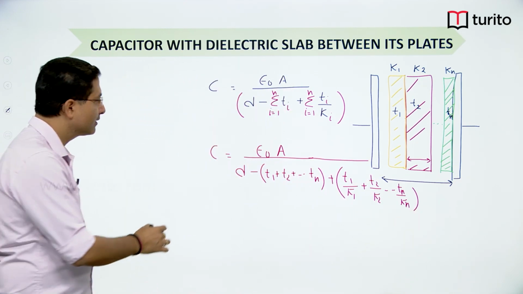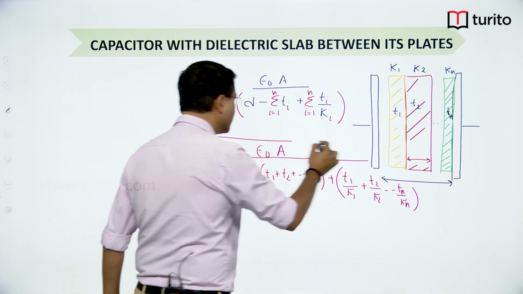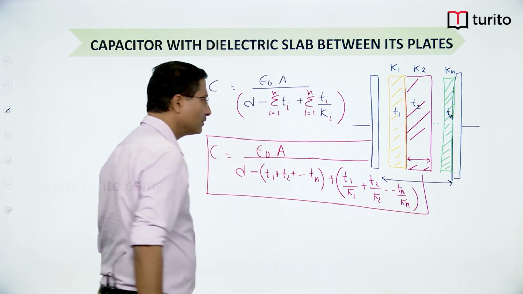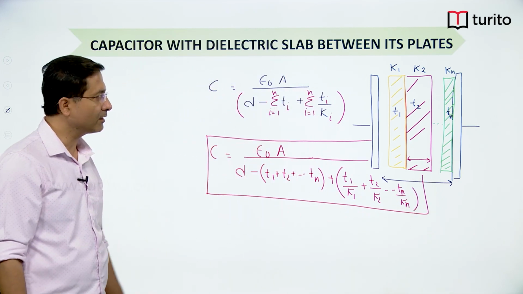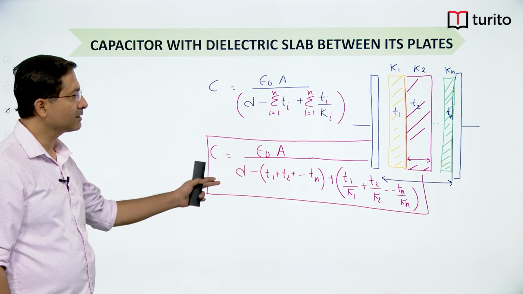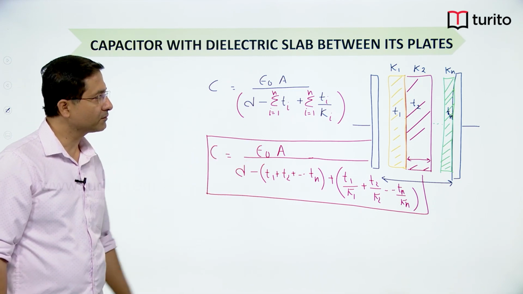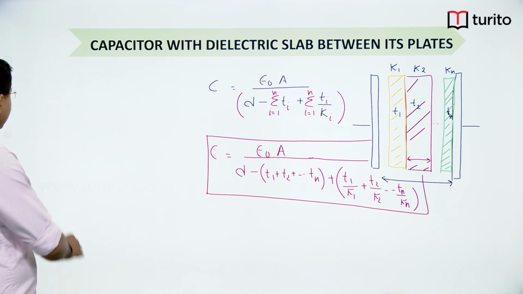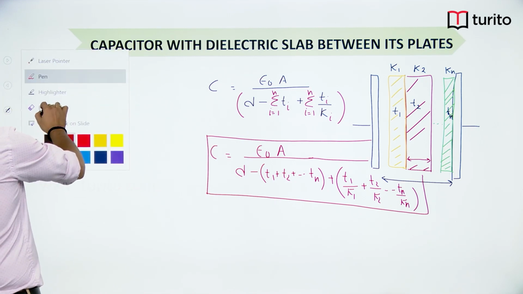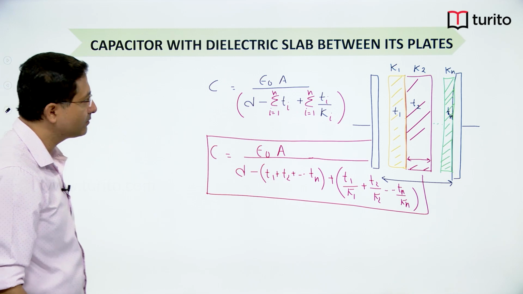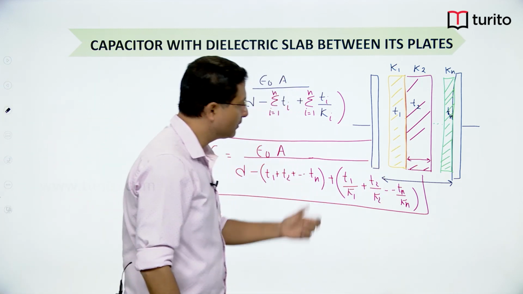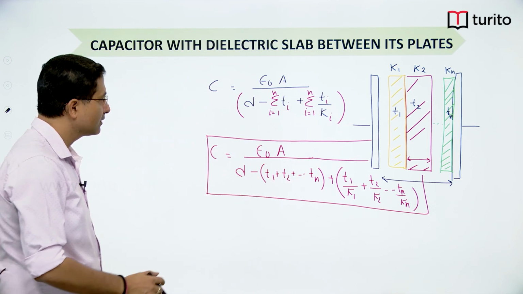So I can write the capacitance of this arrangement: just substitute the values of dielectric constant and thickness in the formula, and you will get the capacitance of this arrangement. So I hope it is also clear. Now, what if, instead of a dielectric slab, I have a conducting slab placed this way? Let us see.